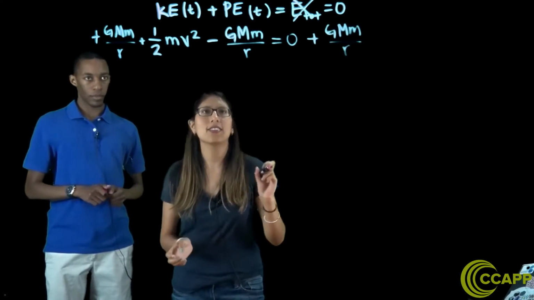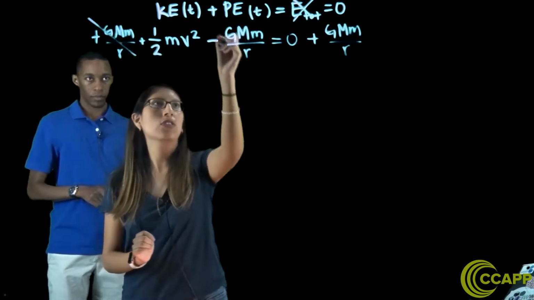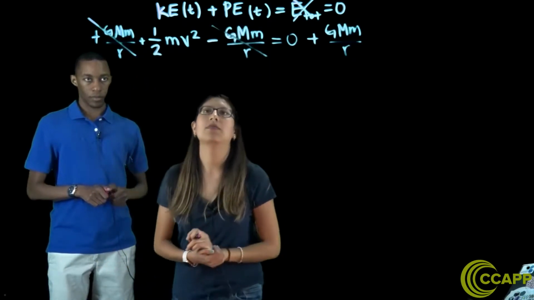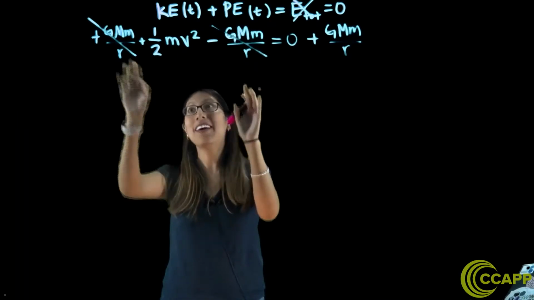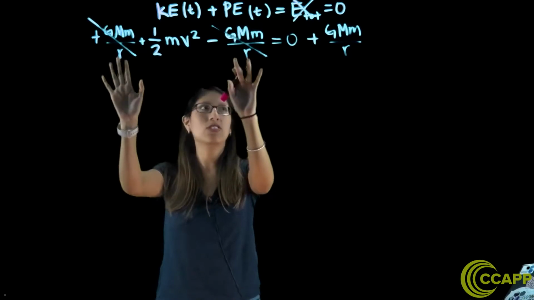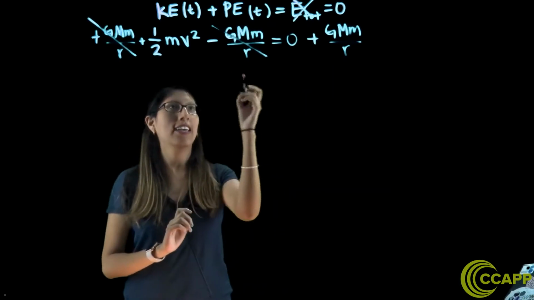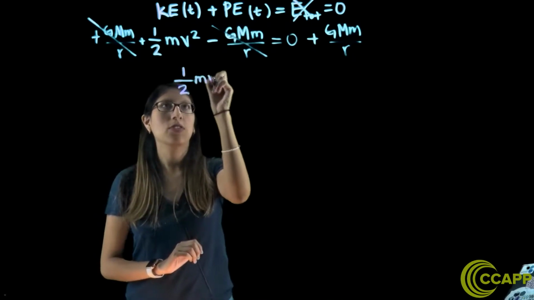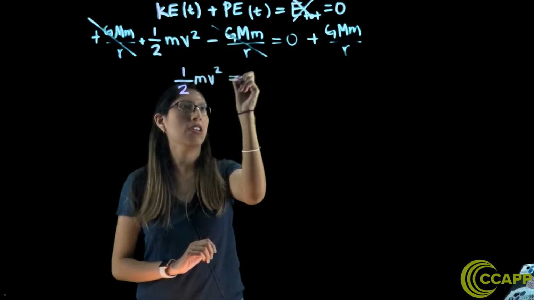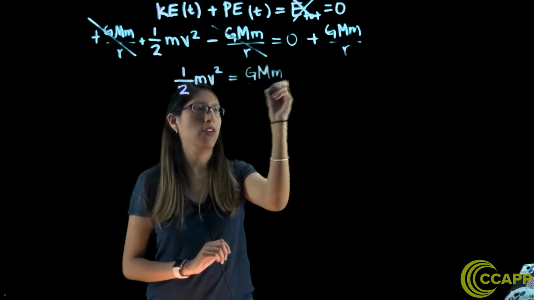And I did this so that these two pieces of my equation will cancel out. So now that we've canceled out these two terms, and we have a GMm over r on this side, I can write this equation out again to see it more clearly. Have 1/2 mv squared equals GMm over r.